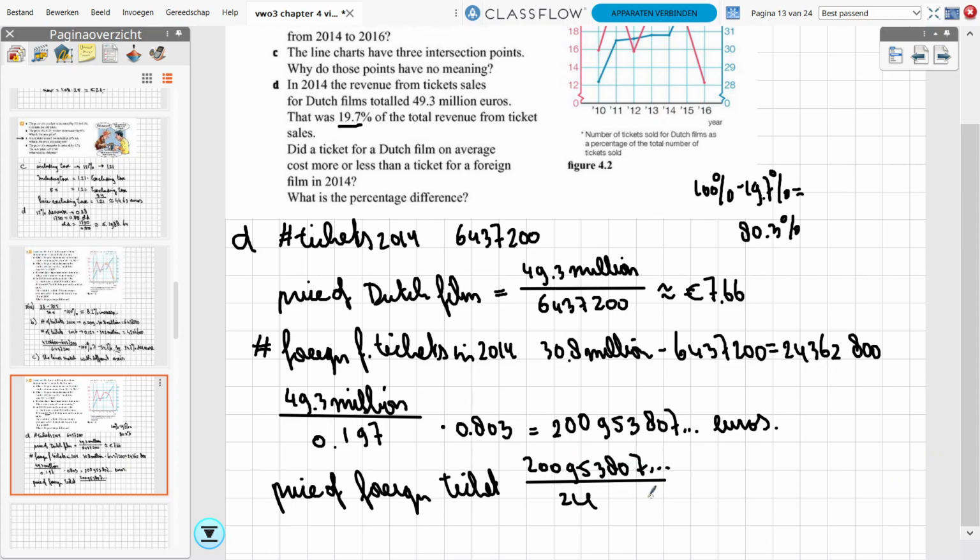Go back please, 24. And then if you calculate this, you will find 8.25 euros.